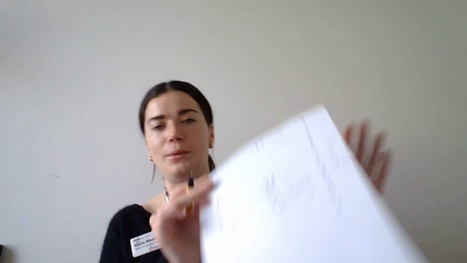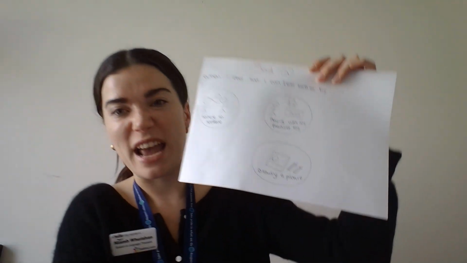So we are going to draw a little visual for that. And again, this can be anything. I'm just drawing a little picture of a drawing and some pencils to represent drawing a picture. And here we go. We have drawing a picture.